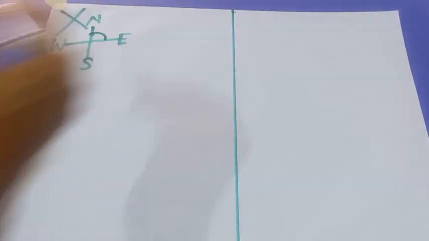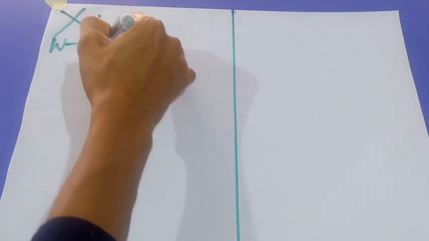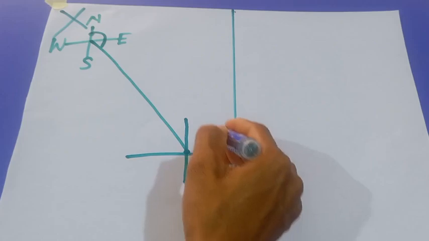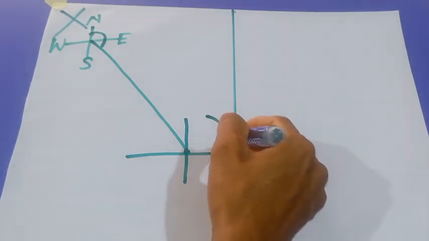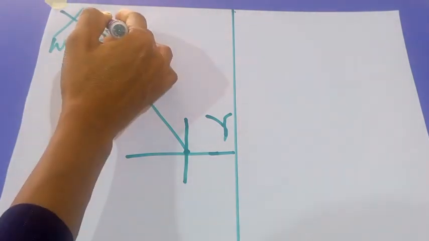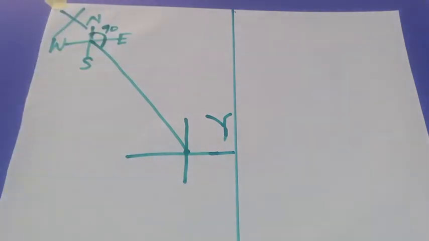From here is 90. Then we'll take off small points to get this. This is the point y. This will be our y, because the bearing of y depends on x. And if this is 90, the whole of this bearing is 150.